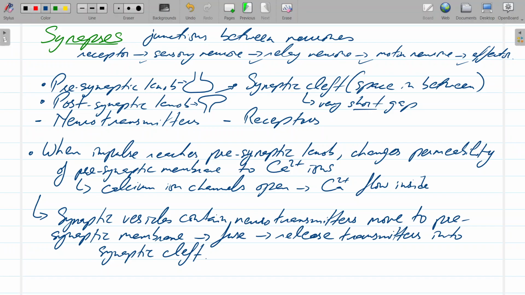Each vesicle has about 3,000 molecules of the transmitter.